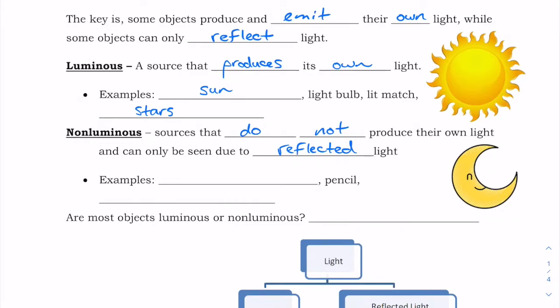Another big example that you see in the night sky would be the moon. Although the moon looks bright, the reason why you're able to see it is because it's reflecting light from the sun. I already mentioned the pen or pencil that you hold in your hand. When you're in school and we present off of the projector screen, that would be another example.